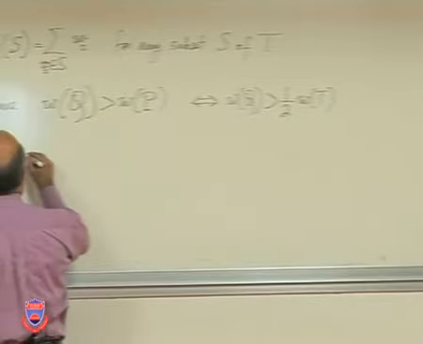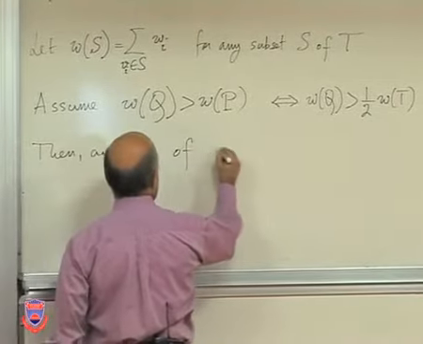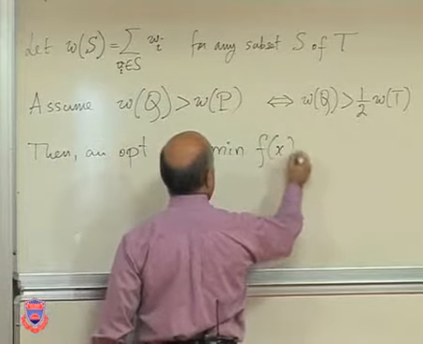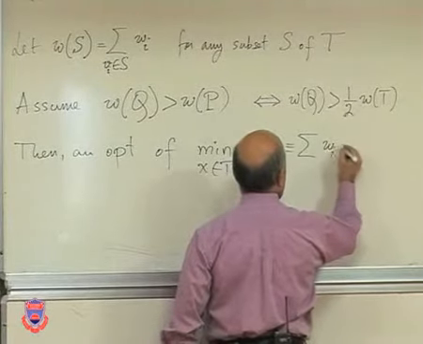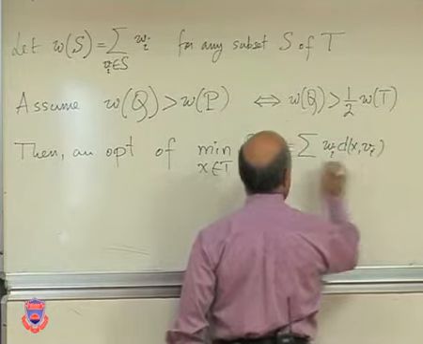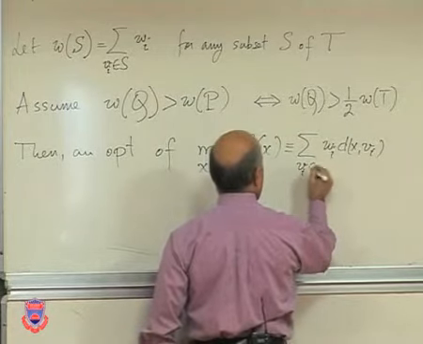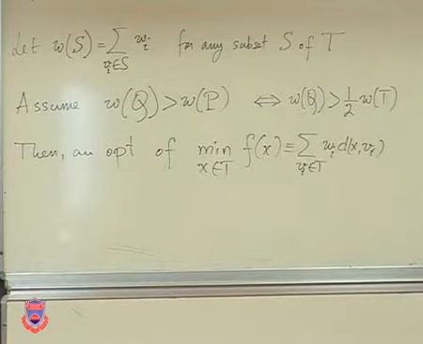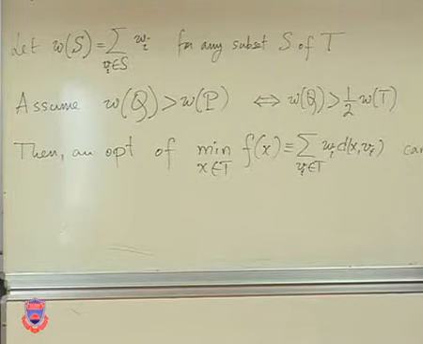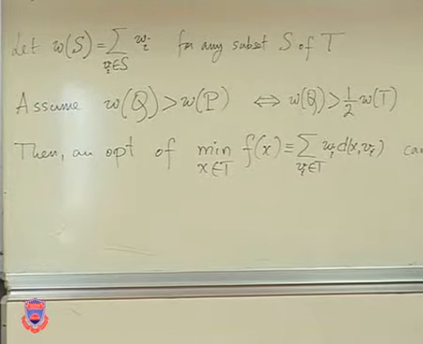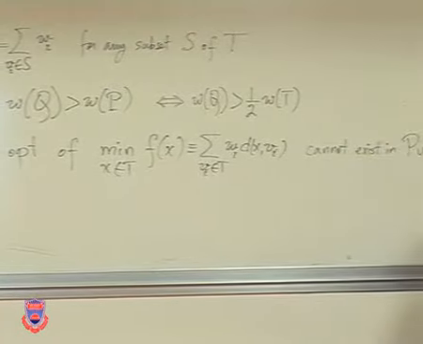Then an optimum of the minimization of f of x, x in the tree, where f of x by definition is the summation of wi times d(x, vi) over all vertices of the tree, cannot exist in P union Y. It has to be in the other part.